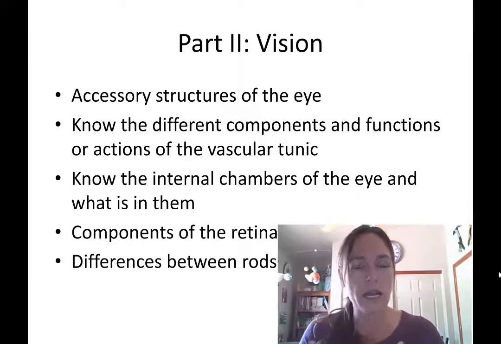It's more of a watery, but you're constantly making new aqueous humor and draining it out via the canal of Schlemm. So in the anterior chamber of the eye, the ciliary body makes aqueous humor. It bathes the front of the eye. It provides nourishments and nutrients to the cornea as well as the iris, and then it drains out via the canal of Schlemm.